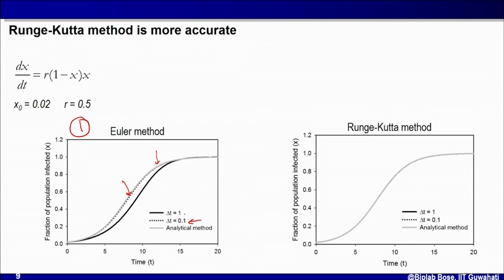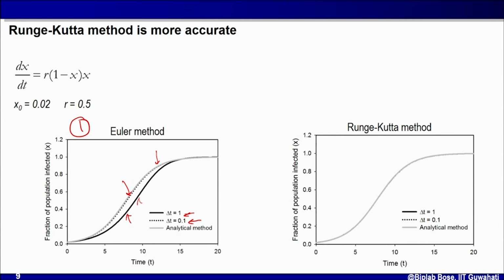But the problem starts when you take a bigger delta t equal to 1. Then the result is this black line. As you can see, and you have noticed earlier also, it is deviating from the real original result, that is the result obtained by the analytical method. That means this approximate method has error when I increase delta t to 1.